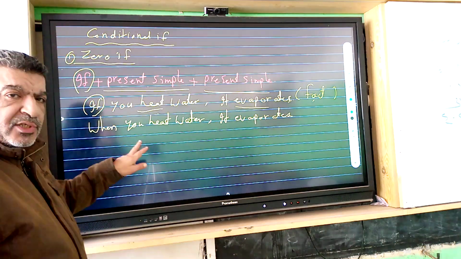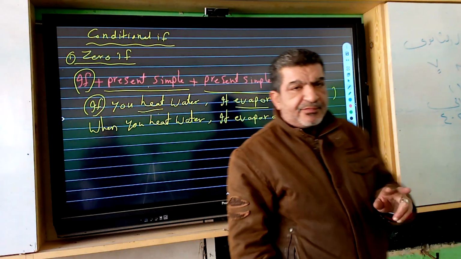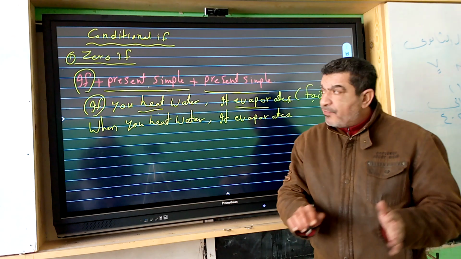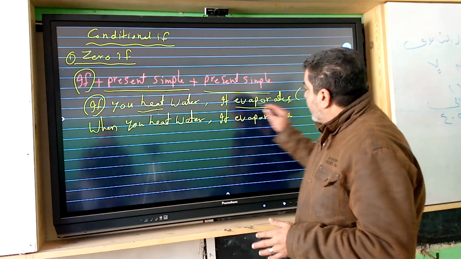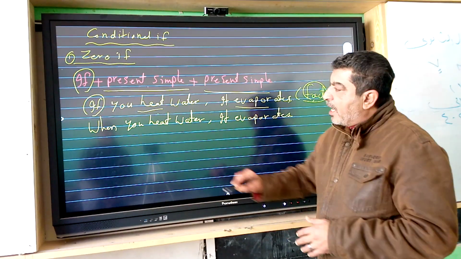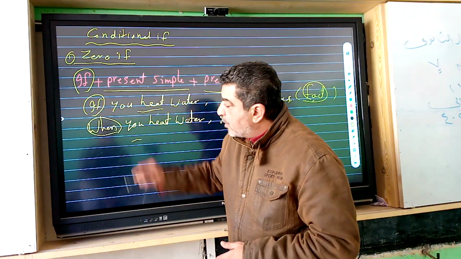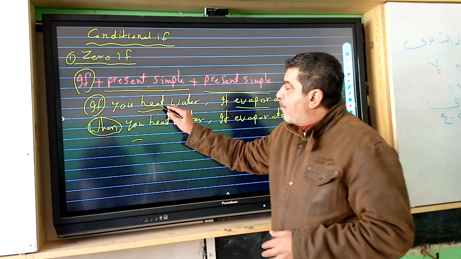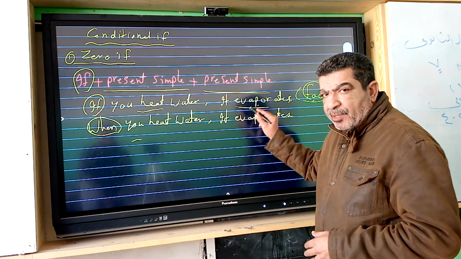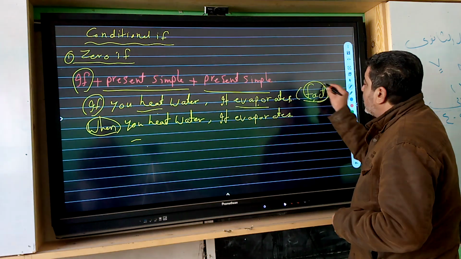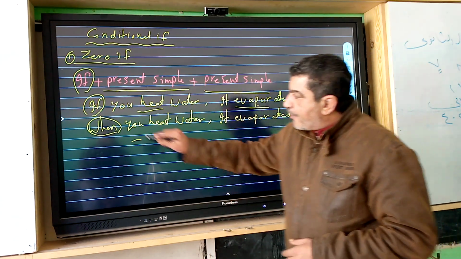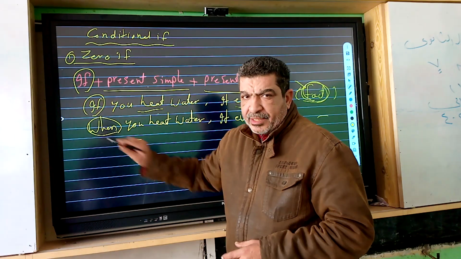These are the two reasons why we call it zero conditional. Simply because it expresses facts and we can replace if with when. Again, for the last time, if plus present simple, present simple. This is what we call zero conditional. It expresses facts and we can replace if with when.